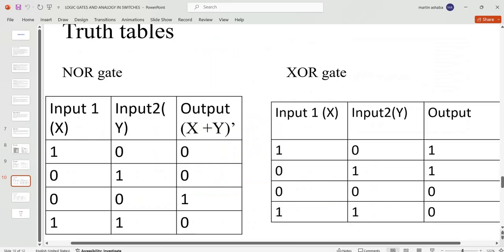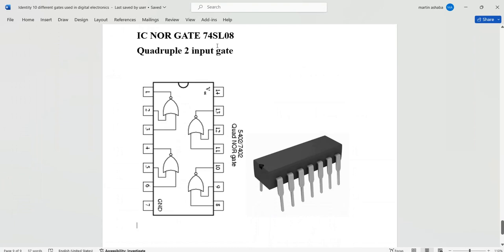Hello friends, in this lecture we are going to discuss the working operation of the IC74LS02 NOR gate.